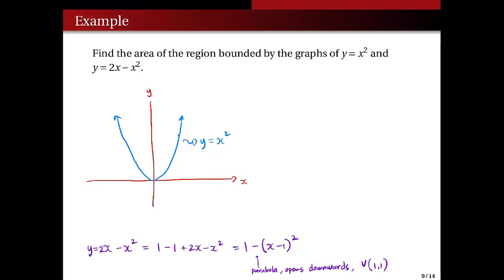Say this is your x equals 1, and maybe y equals 1 in here, and then you have the vertex in here. If you sketch this, you will have the parabola that looks something like this. So this is your y equals 2x minus x squared.